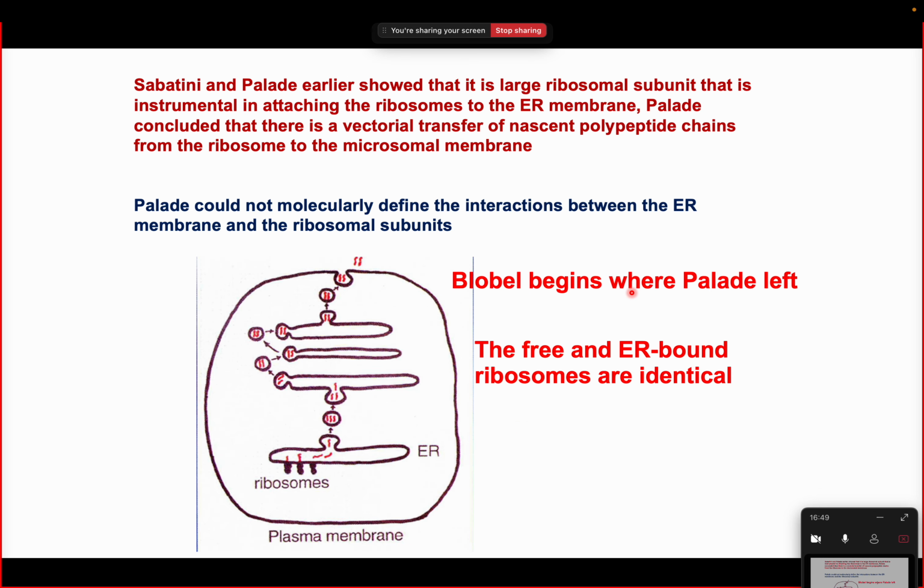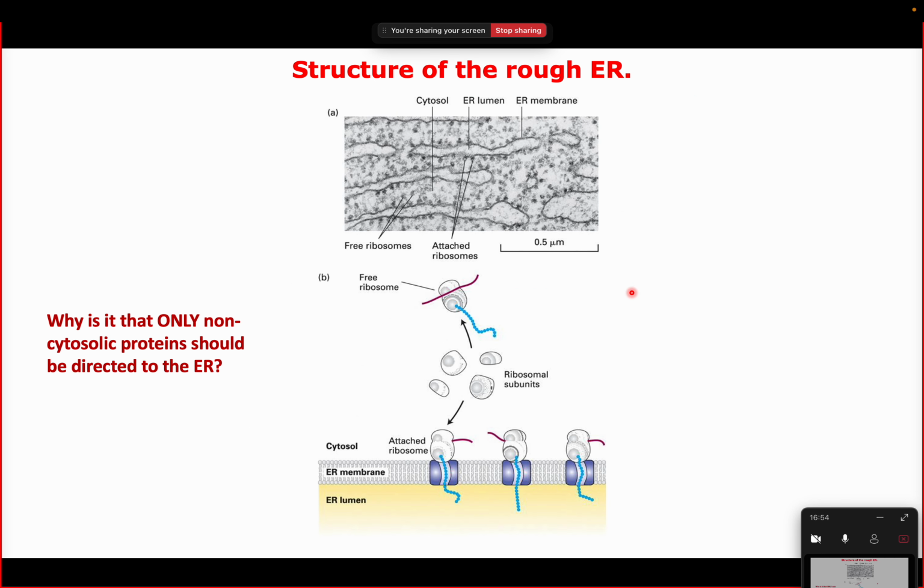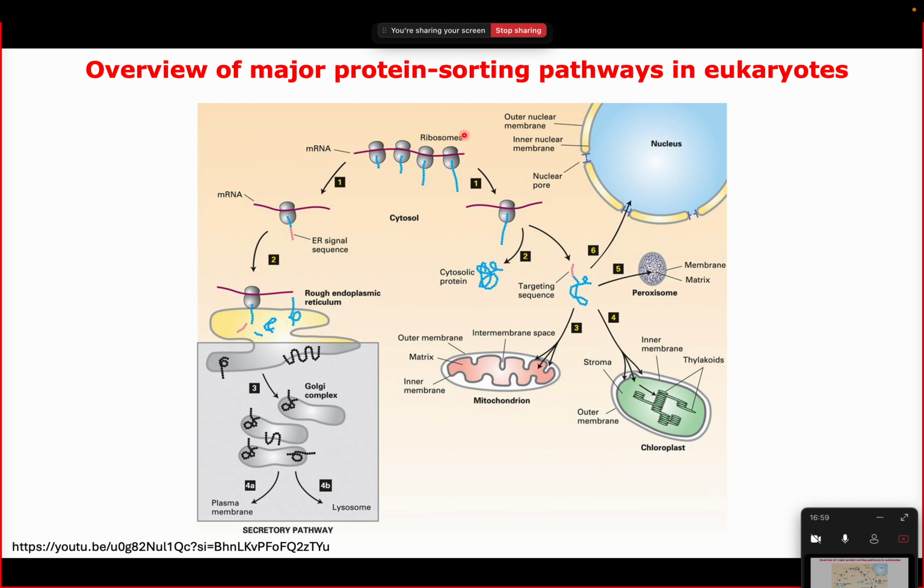Correct? So just put yourself in their shoes. What you know is that there are certain proteins which are directed towards the ER, while there are certain proteins which are not directed towards the ER, but the translating machinery is same, correct? So if you put yourself in their shoes, the machinery is same, the place is same, yet a few moments into the translation some of the proteins are being sent to ER.